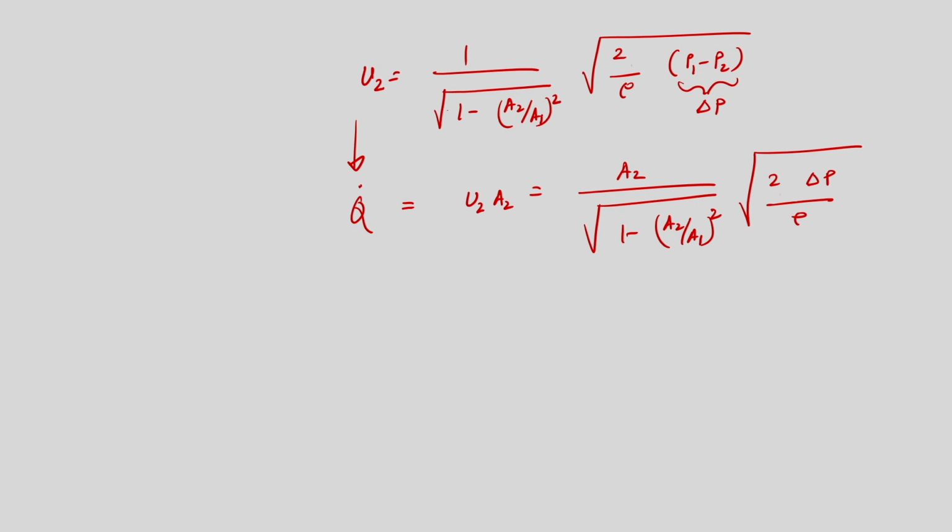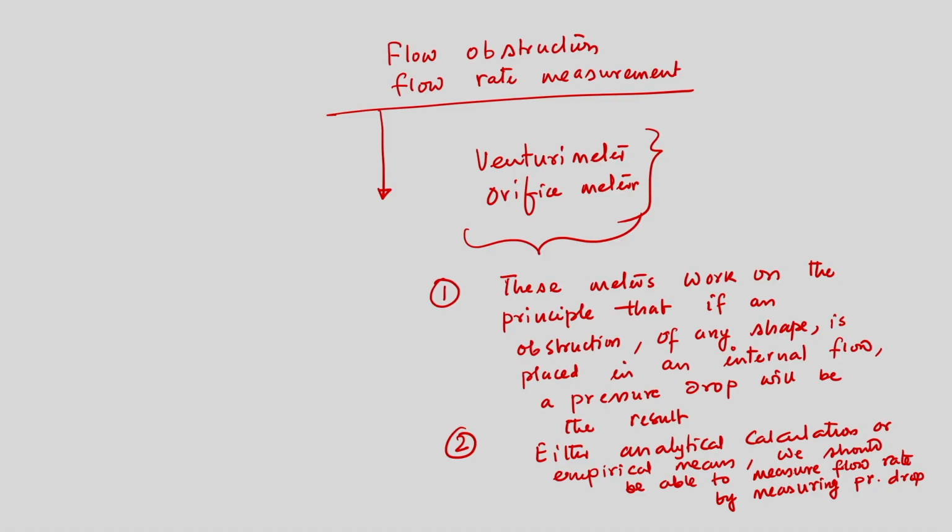Now, this is very straightforward, and we have studied this. The only thing is the two important points that I have written in the beginning about these flow obstruction flow rate measurement techniques: venturimeter, orifice meter, and also we will see another, the rotameter, which works on the principle of drag.